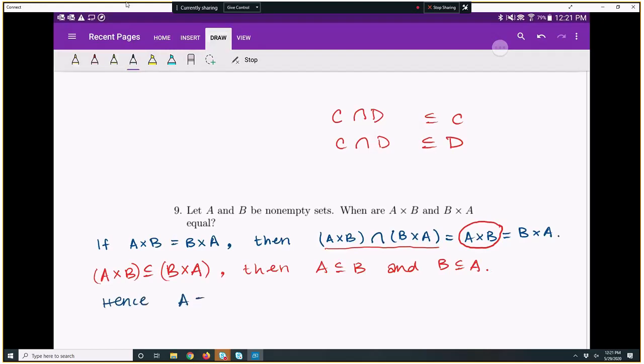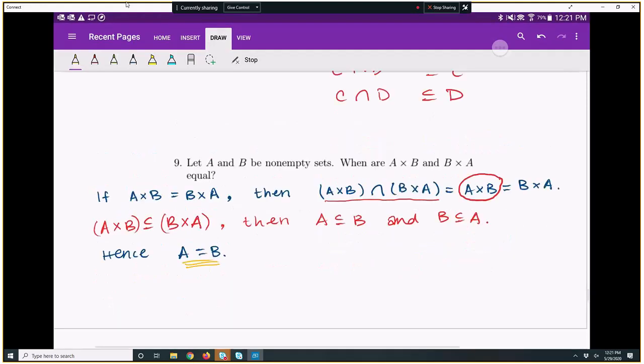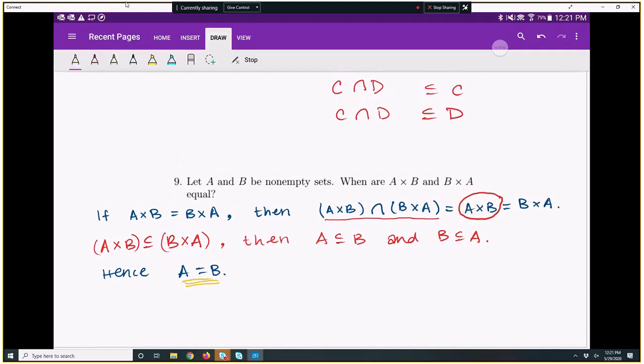Since A is a subset of B and B is a subset of A, A equals B. So I would suggest that in order for A cross B and B cross A to be equal, we'd have to have A exactly equal to B. Otherwise, because the order matters, we're never going to get the cross products to be equal. And that looks like the last exercise for the lesson on set theory.